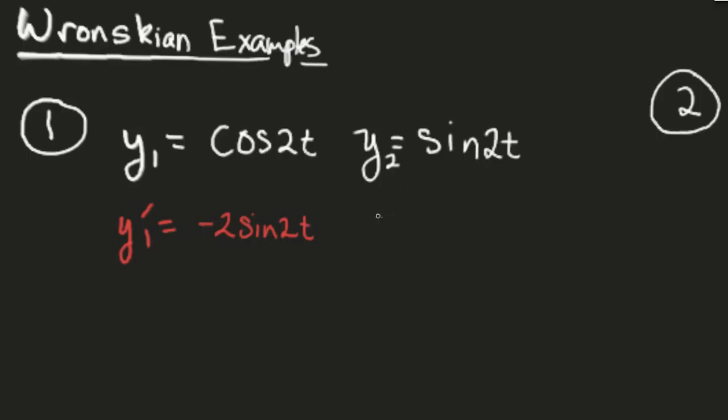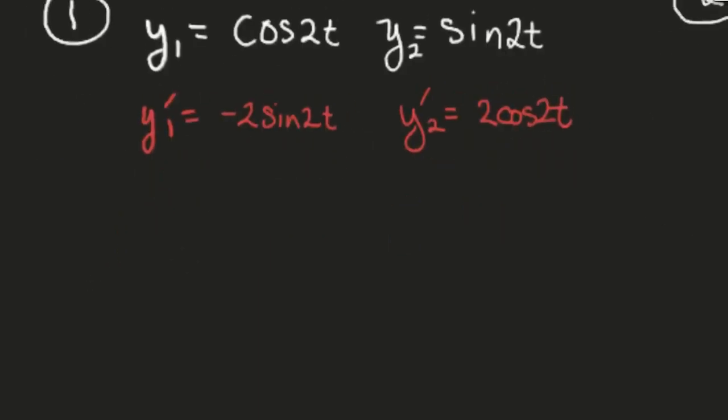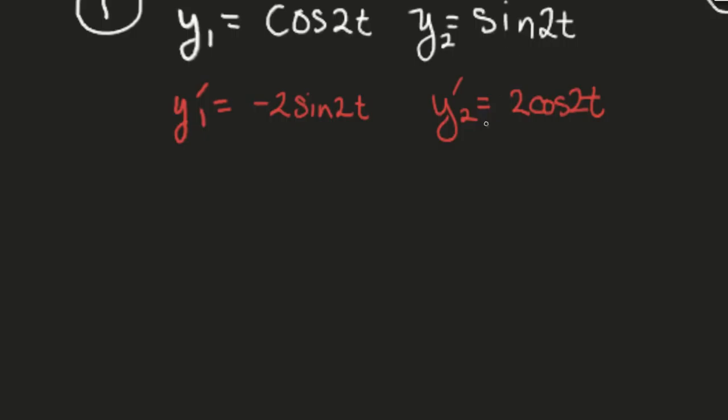And then here, y2 prime would give you 2 cosine 2t. Then you set up the Wronskian to find its determinant. It's basically that. So you would have cosine 2t, y1, y2.